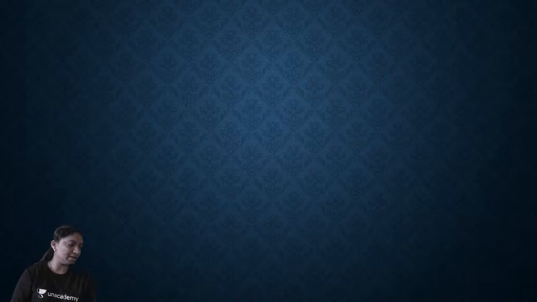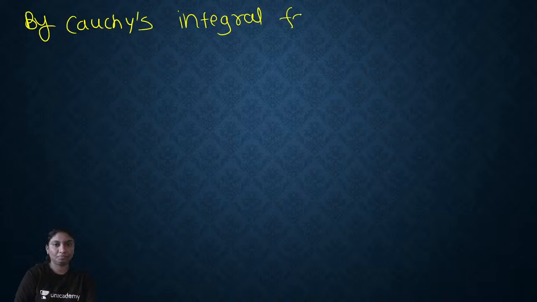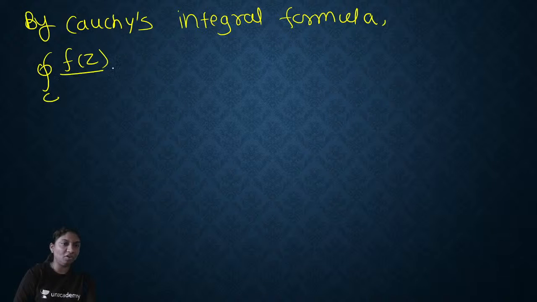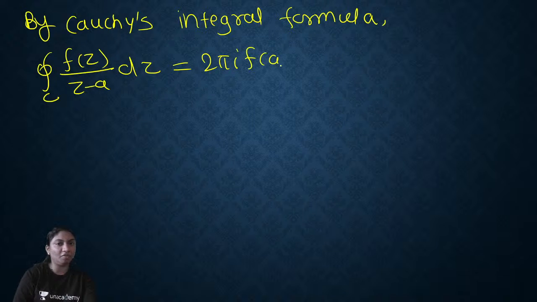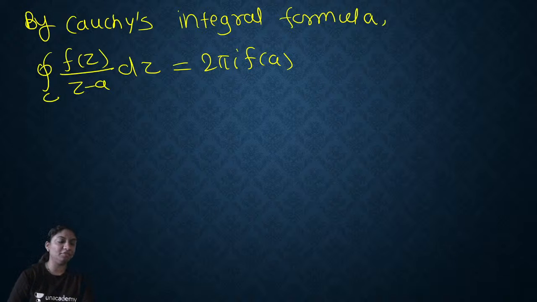So that you will get here by Cauchy's integral formula. What is our formula? By Cauchy's integral formula, the closed integral over C of f of z upon z minus a dz is equal to 2 pi i into f of a.